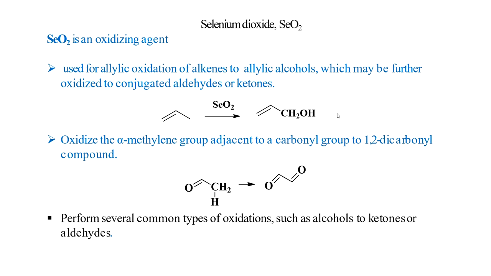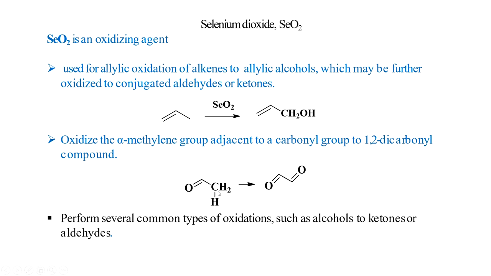Another important function of selenium dioxide as an oxidizing agent is that it oxidizes the alpha methylene group adjacent to a carbonyl group to a carbonyl group, and hence we will get a 1,2 dicarbonyl compound.